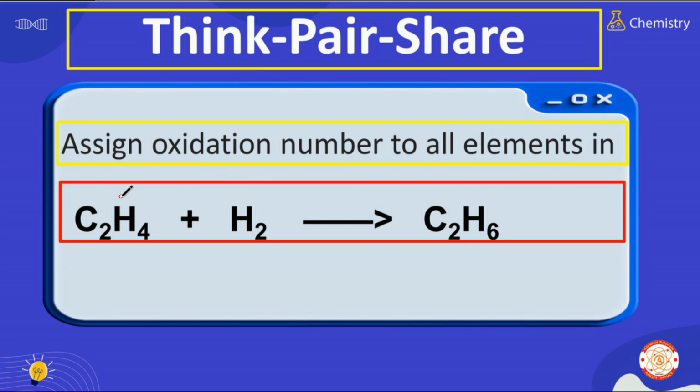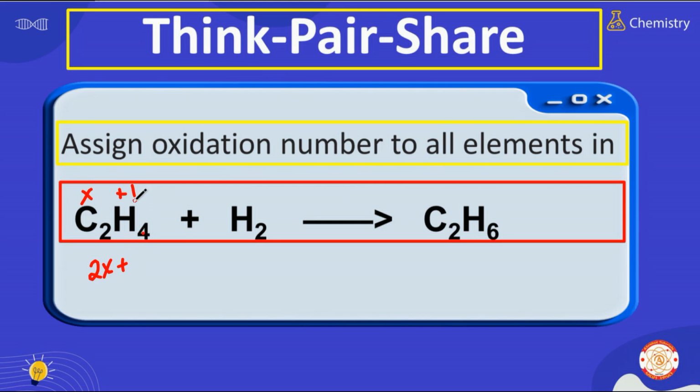So let us start from hydrogen. What is the oxidation number of hydrogen in this case? Because it is bonded to carbon, its oxidation number is +1. So I'm going to assign the oxidation number of carbon X. By applying the rules that we have learned, I'm going to multiply 2 by x, 2x, right?